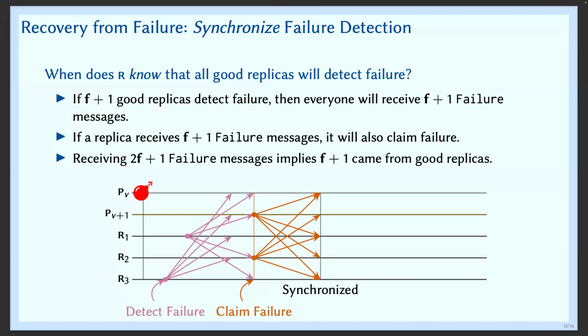So now the question is, what if we don't get 2f+1 view change messages? What do we do then?